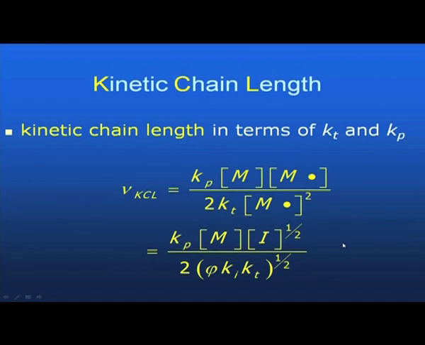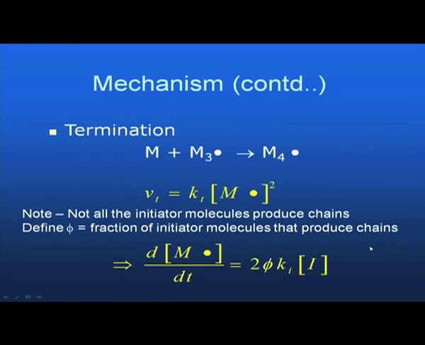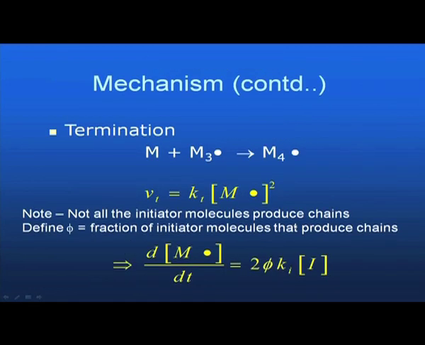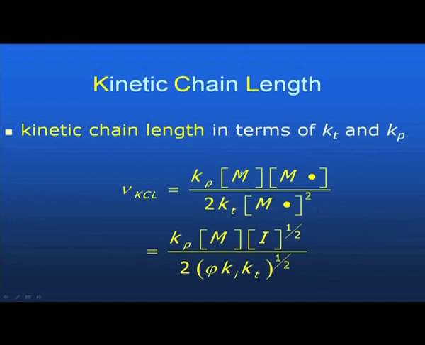So, in terms of kinetic chain length, you have to write in terms of Kt and Kp. So, what can you write? If you want to write in terms of Kt and Kp, you will be getting this expression.